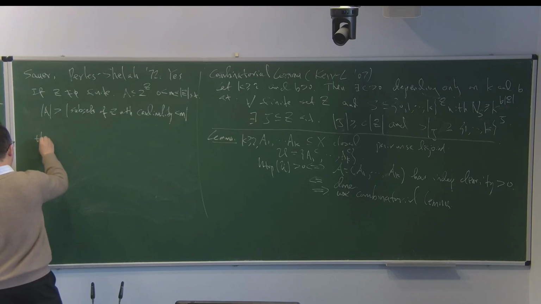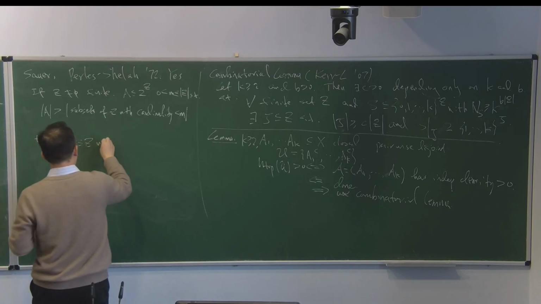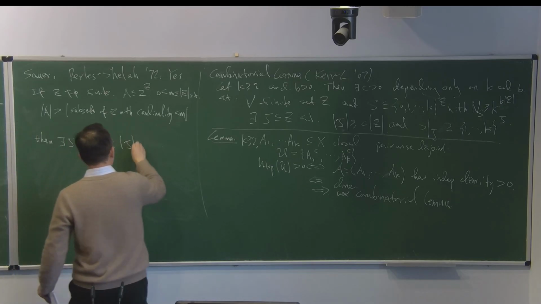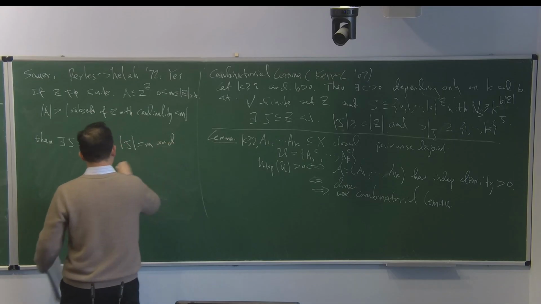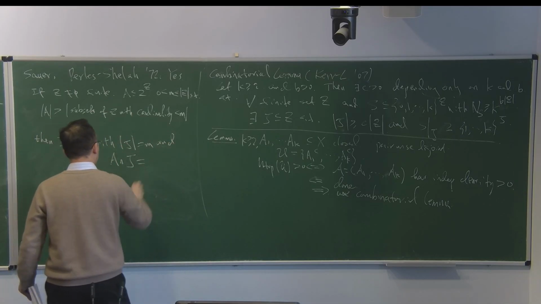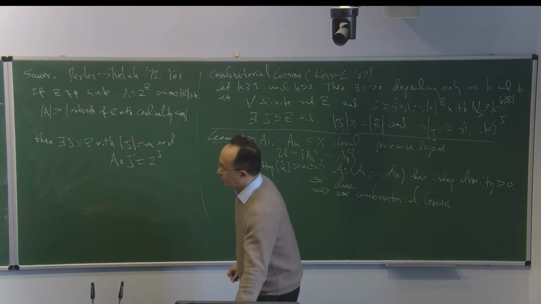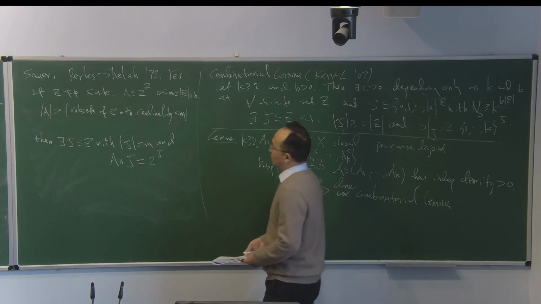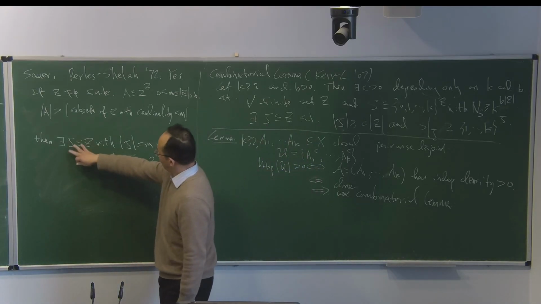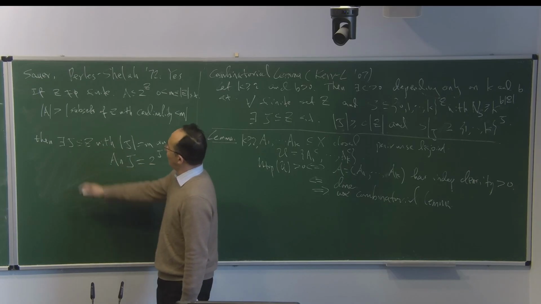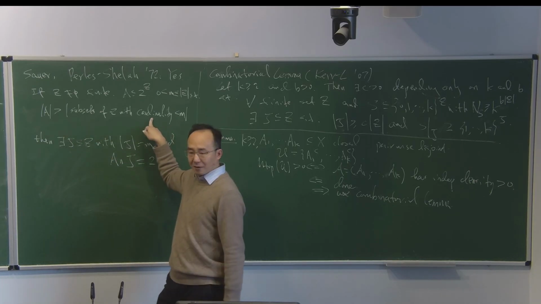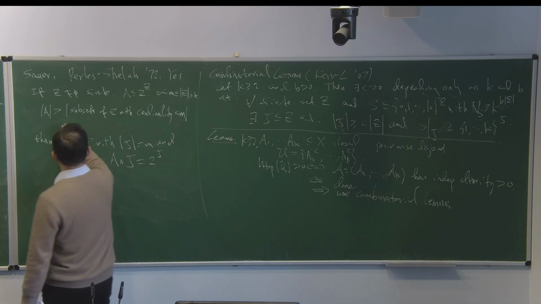So then there is this J in Z with the size being M, and we restrict A to J, you get everything. So what they showed is that if you don't want this to happen, the largest size of A is exactly just this number. And this number you can write down easily, right?